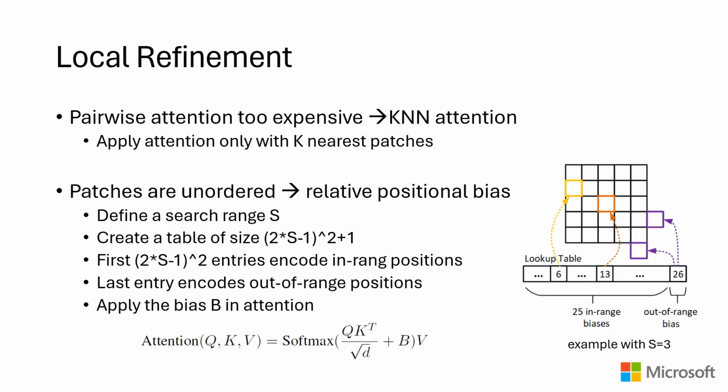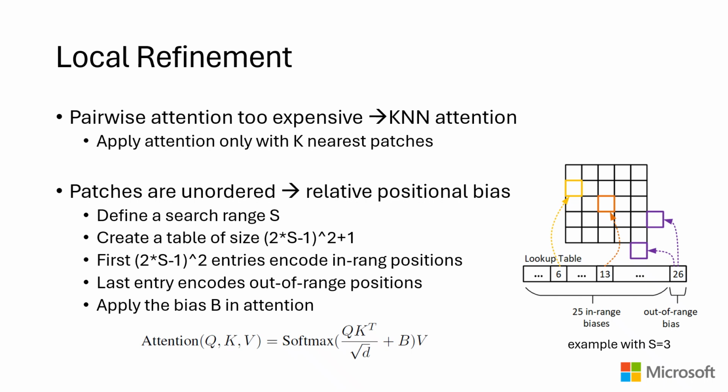The most intuitive way to apply attention across all patches is pairwise attention. However, this is very computationally expensive because normally we end up with thousands of patches to be refined. To mitigate this issue, we propose KN attention, which applies attention only with the k nearest patches.